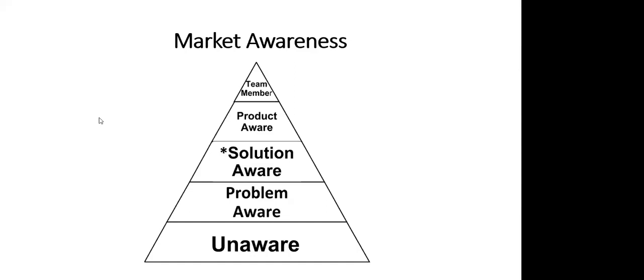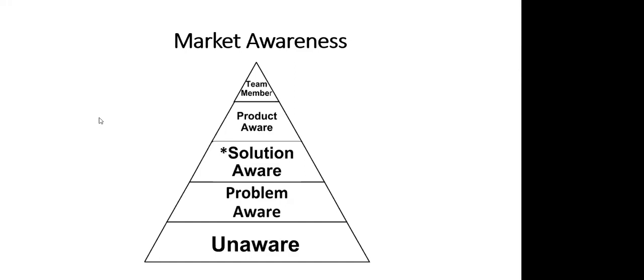And so they will benefit from education and value on solutions for problems, even throwing out maybe what the symptoms are of those problems to kind of connect the dots for them, because again, they are just now becoming aware that they even have a problem. So they're going to be looking for that solution. And they may need a lot of education and it may take a lot of time.